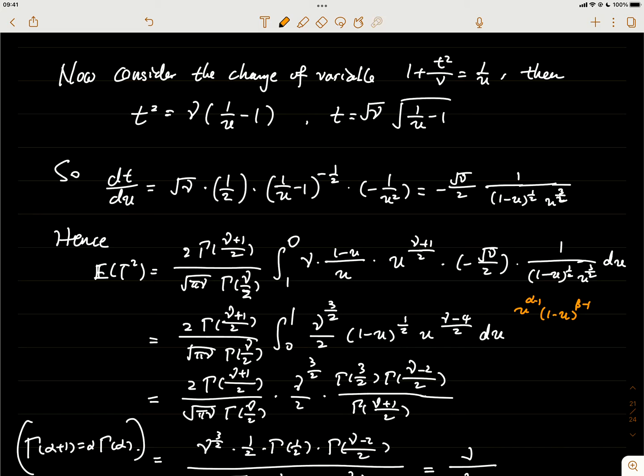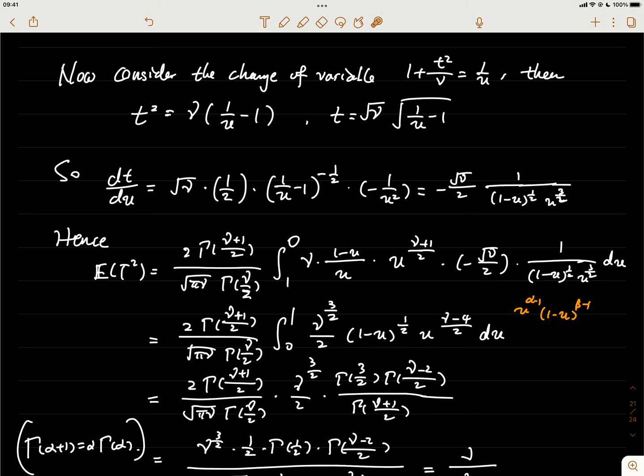So we treat this as alpha minus 1 and this as beta minus 1. From here we can see that beta should be 3 halves, and since this is minus 2, alpha should be nu minus 2 over 2.